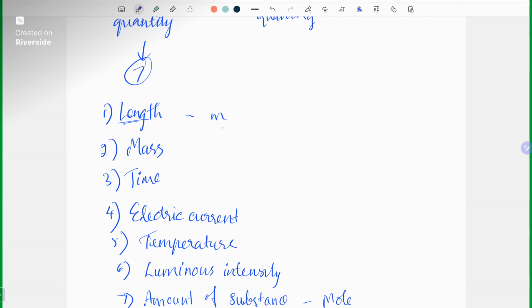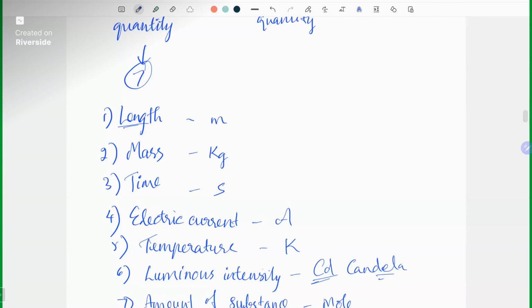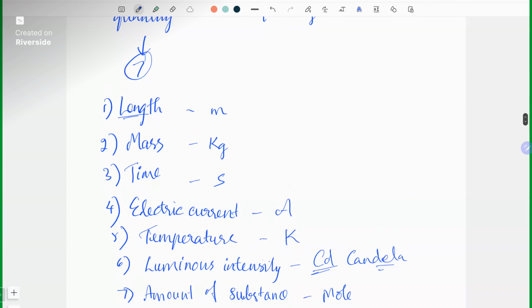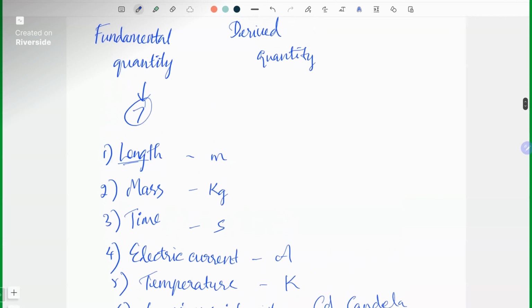Length in meter, mass in kg, time in seconds, electric current in ampere, temperature in Kelvin, and luminous intensity in candela. So these are the basic 7 fundamental quantities which can be measured directly.